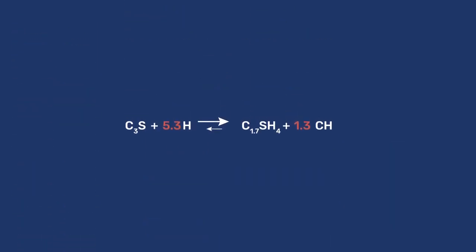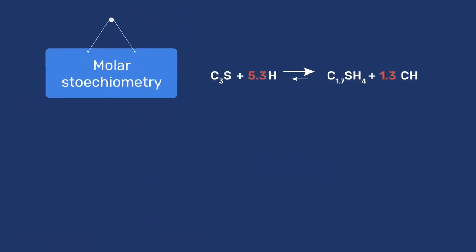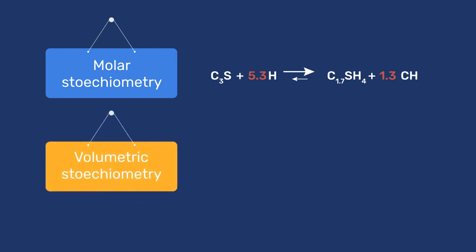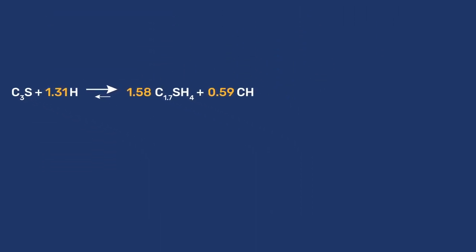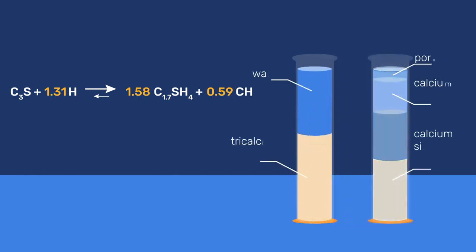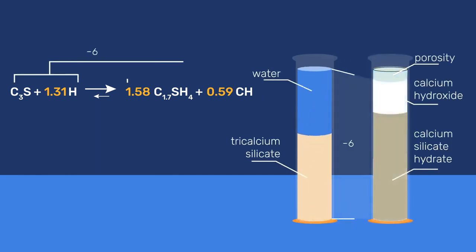Transforming this reaction from molar stoichiometric coefficients to volumetric ones, we have that C3S plus 1.31H gives 1.58 CSH plus 0.59 CH. This corresponds to a chemical shrinkage of about 6%, which is mostly found in the form of porosity in the hardened cement paste.